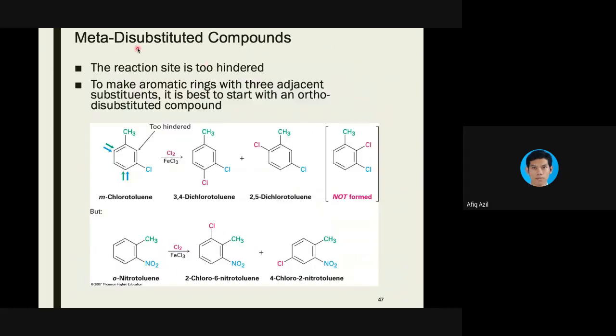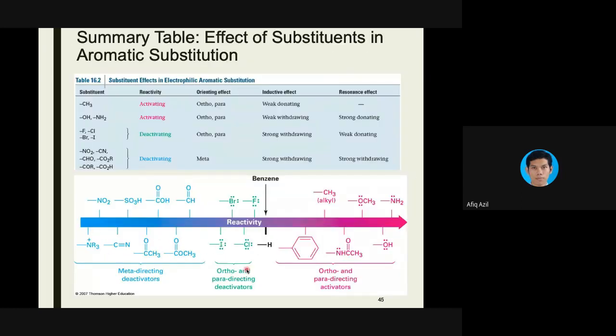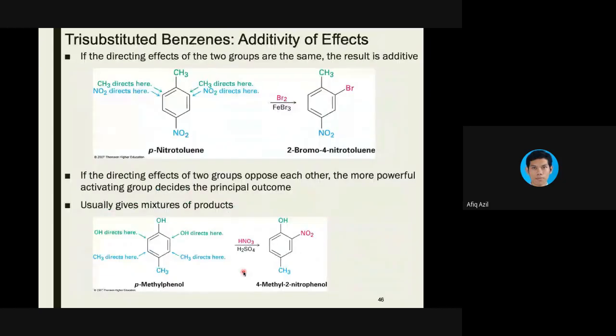Then for meta-disubstituted compounds, if you have something like this as a starting material and you want to chlorinate it, this CH3, from the scale, is an ortho-para director. This is chlorine, a halogen. All halogens, from the scale, are ortho-para deactivators as well.